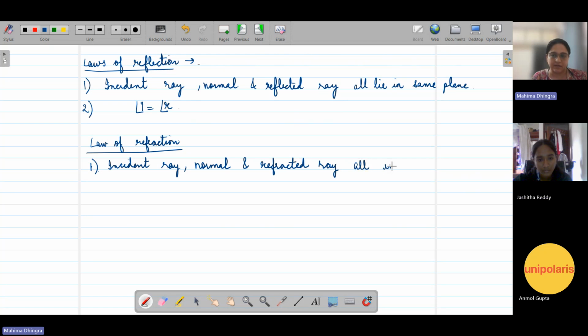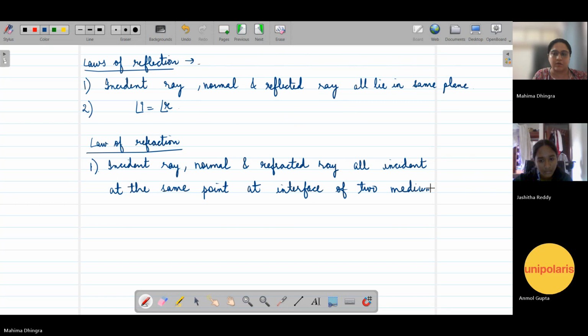All are incident at the same point. This thing is similar in case of reflection and refraction. But this point is situated at the interface of two mediums. All lie in same plane.